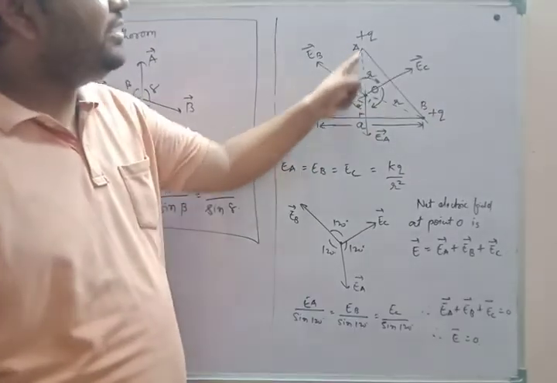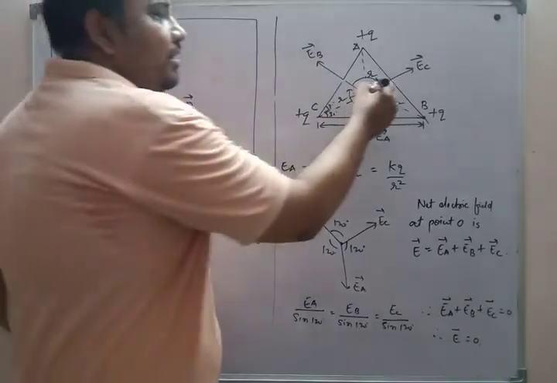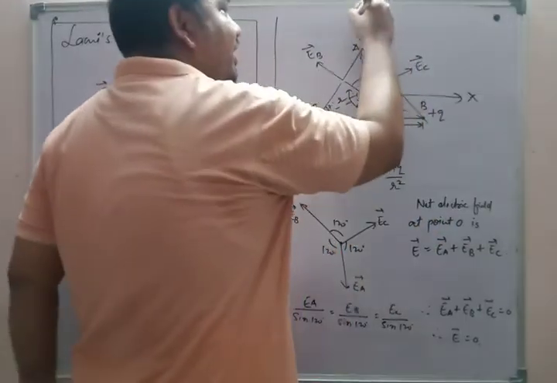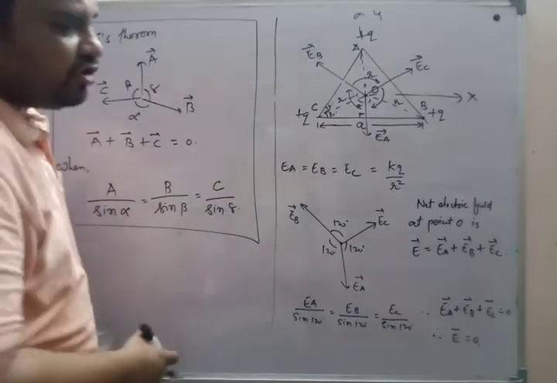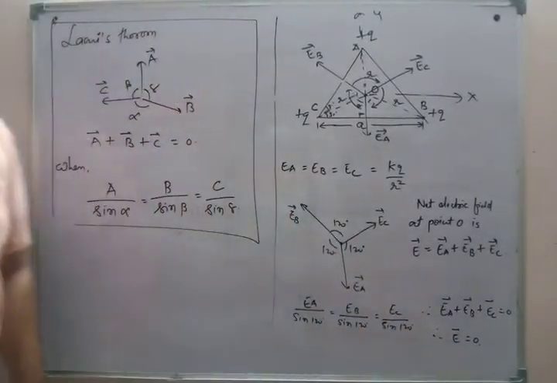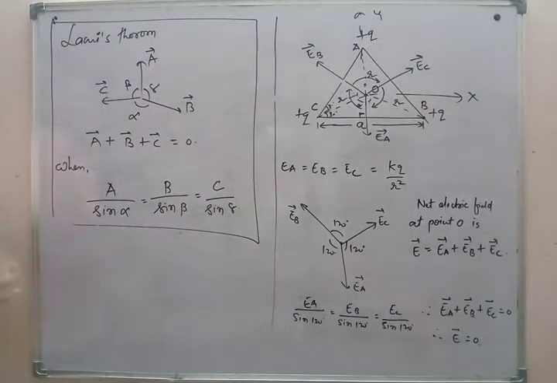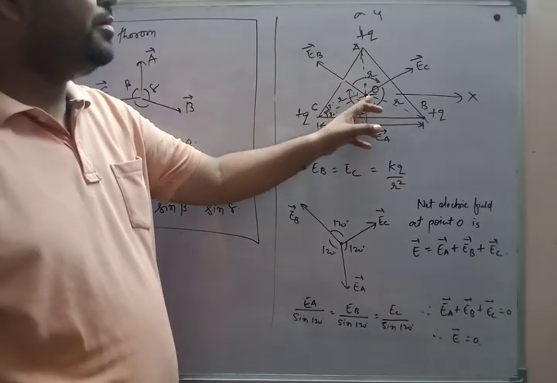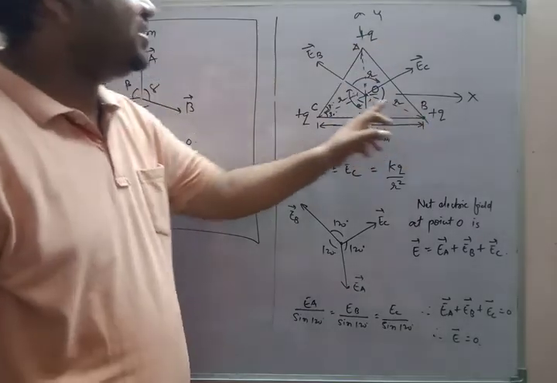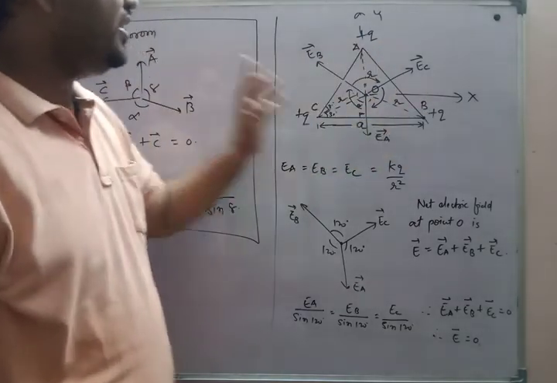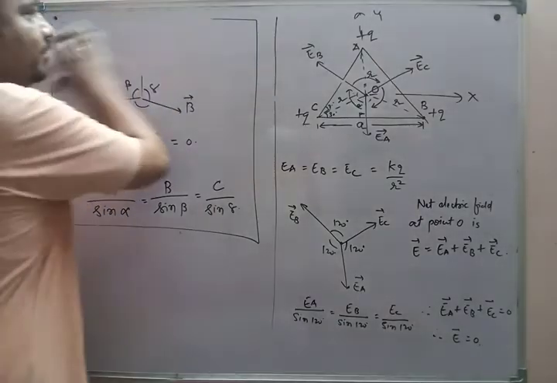We can divide EC into two components, EB into two components, and we can consider this as the x-axis, this as the y-axis, and then add all the vectors. Eventually, you will come out with the answer 0. So this is an easier method to understand that the resultant electric field at this central point of an equilateral triangle, if equal charges are placed at all vertices, is always equal to 0.